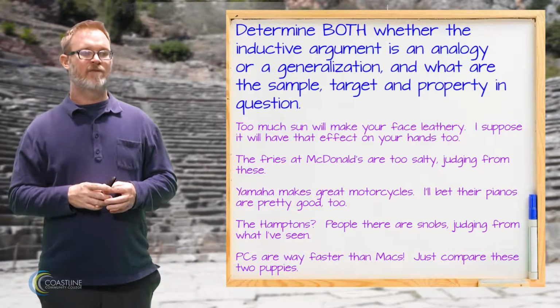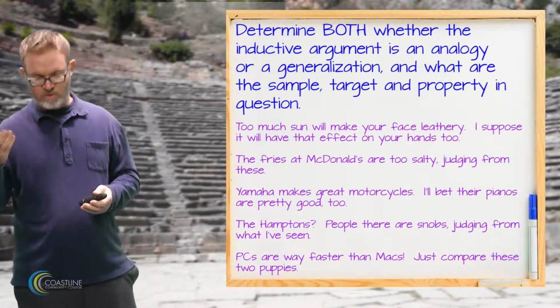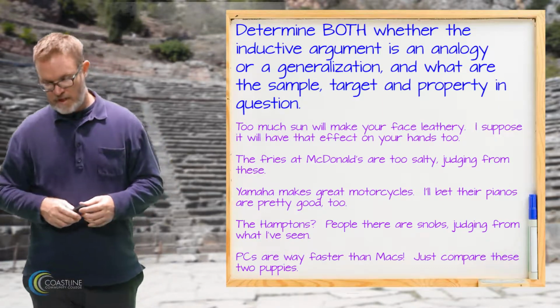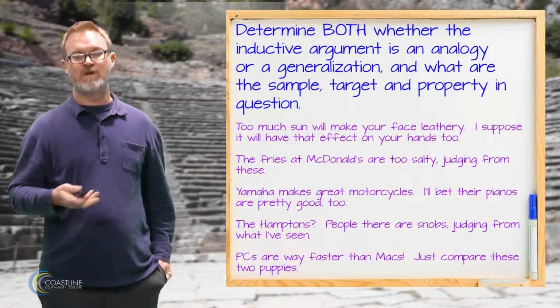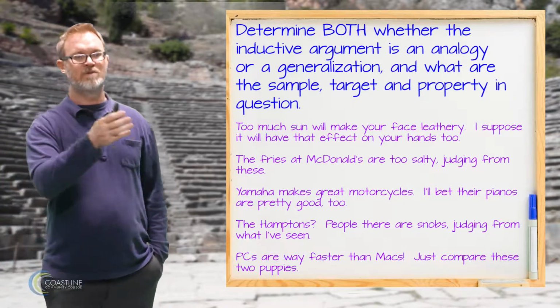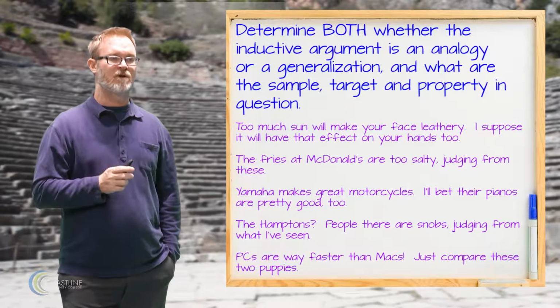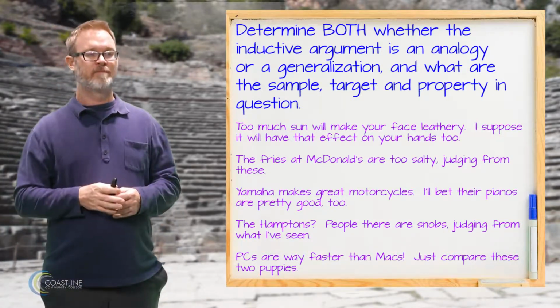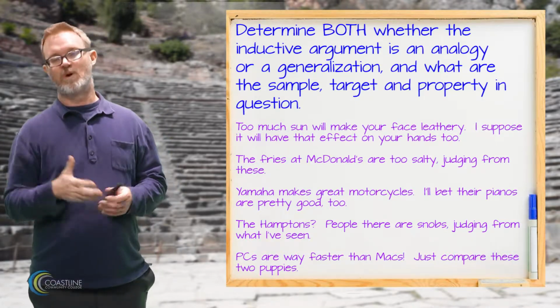Because the target is just one item, your hands, and it's separate from your sample class, which is the face, you have, again, an analogy here. It's an analogy between how the sun will affect your face and your hands. And then notice that the property in question here seems to be something like being leathery. Your face is leathery, so your hands will be as well.